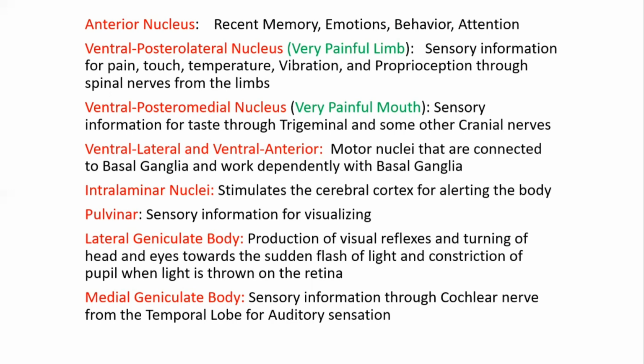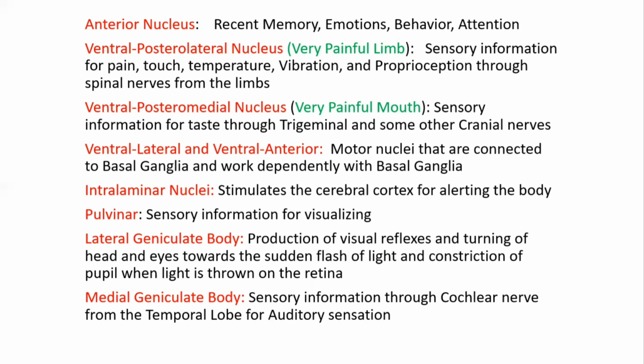So when you see a sudden flash of light on your right side or left side, and you turn your head or your eyes, it's this nucleus of the thalamus, the lateral geniculate body, that is responsible for that sudden movement of the eye. And also when the light comes into the retina, it is the one that constricts the pupil of the eye, so the light doesn't go directly to the retina suddenly.